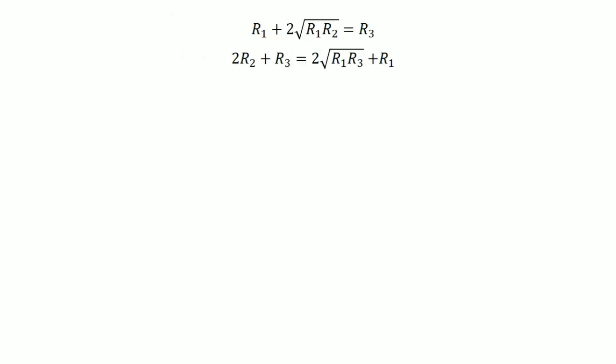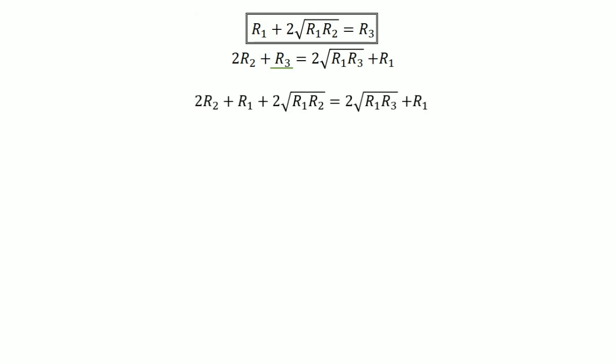Now we have these both equations. So substituting the value of r3 with this, we get this. Now cancelling r1 with r1 on the other side, we get r2 plus under root r1 times r3 is equal to under root r1 times r2.